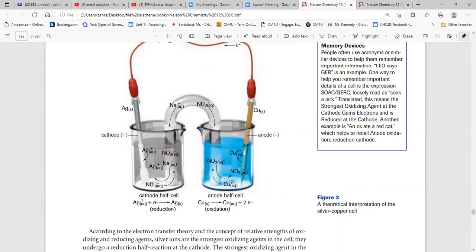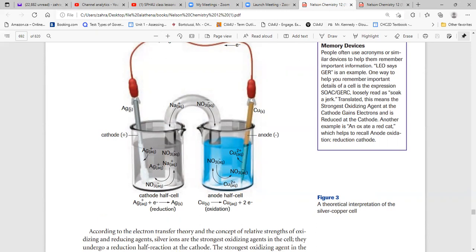Now, what is actually happening in this situation? Since the electron is traveling, the Cu is losing electrons, and the Cu2+ will be released in the solution. Because it had Cu, the electron was taken off from that. Now it becomes Cu2+, and it's coming into the solution.